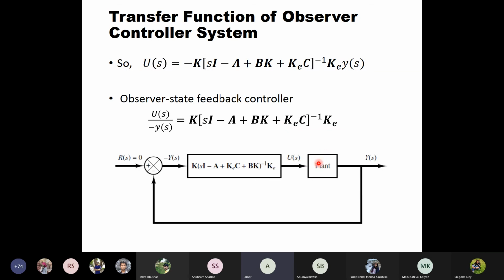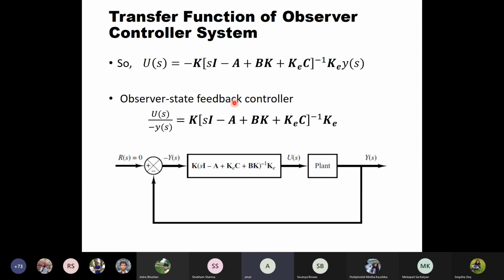Say I have got a plant which is expressed in terms of transfer functions. From the transfer function, I can realize a state space model. From the state space model, I can design a state observer cum state feedback controller.